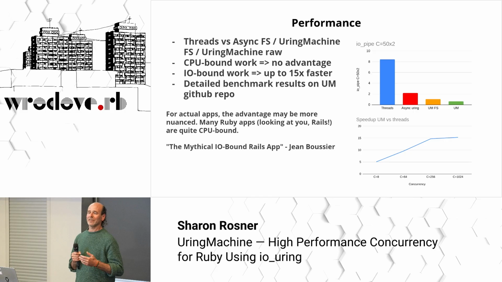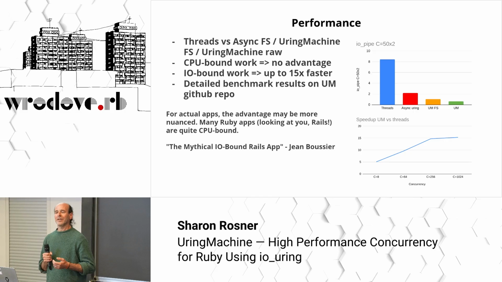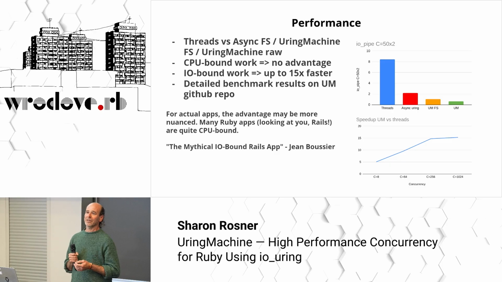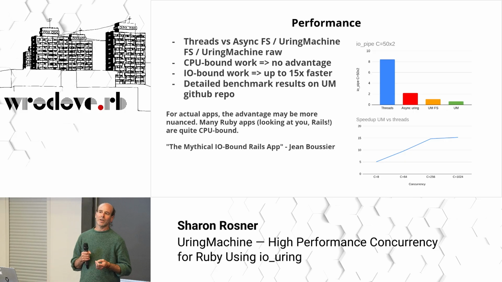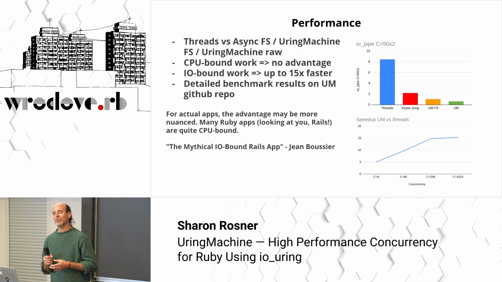So you can see the difference between the different implementations. Another thing to note is that as we increase the level of concurrency, we also increase the advantage that UringMachine has compared to threads.